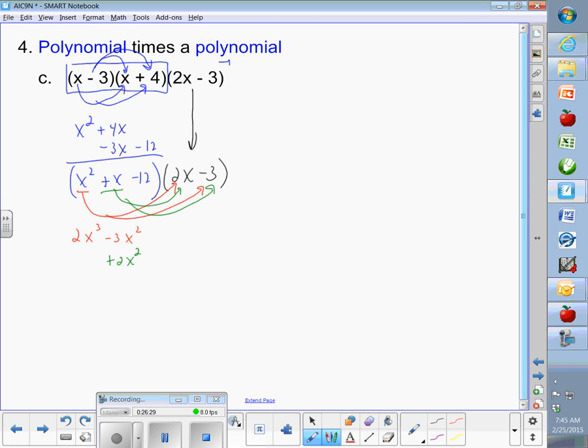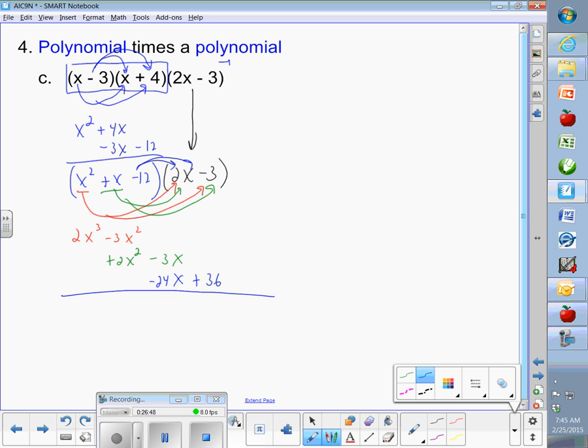Positive x times a negative 3, negative 3x. Back term, negative 12 times a negative 2x, negative 24x. Negative 12 times a negative 3, positive 36. Finish by adding like terms. 2x cubed minus x squared minus 27x plus 36.